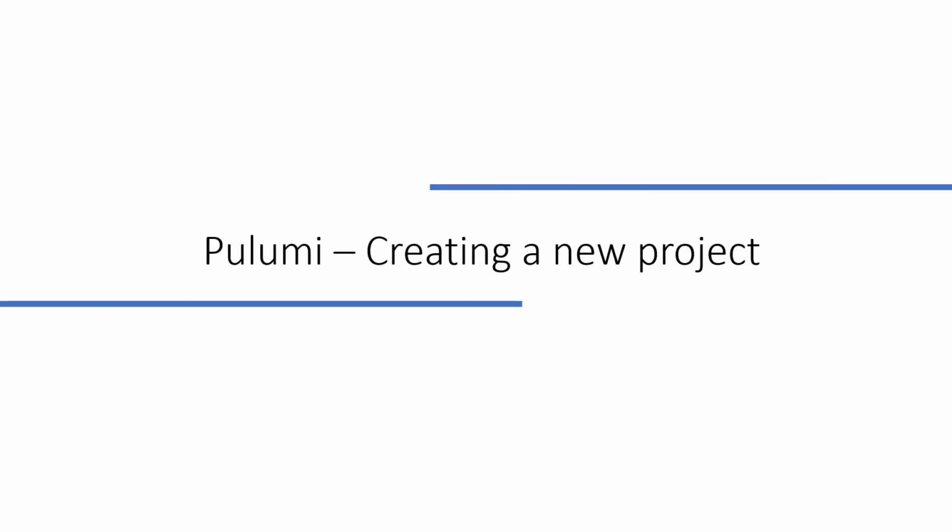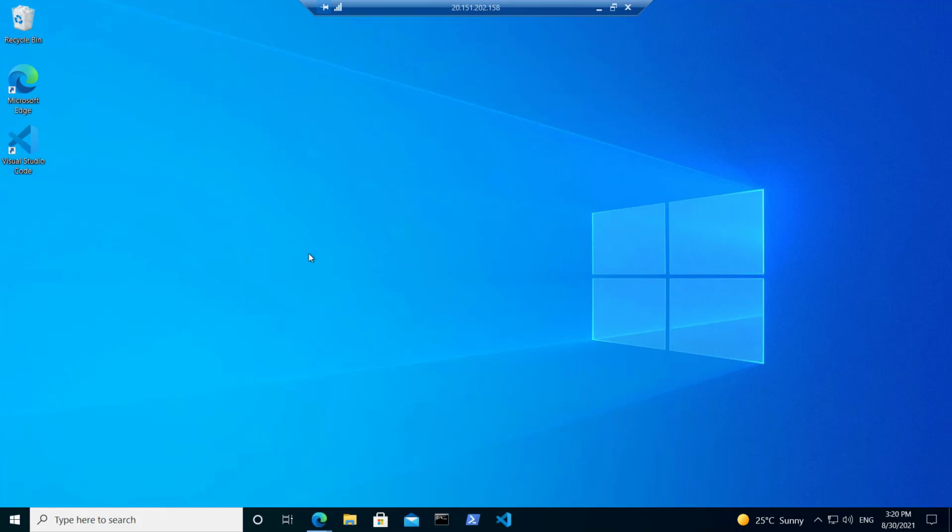So now that we have our tools installed and our dev box configured, let's take a look at how we create a new project in Pulumi. I'm now on my dev machine, and you can see here I have Visual Studio Code already installed. First of all, I will start Visual Studio Code.